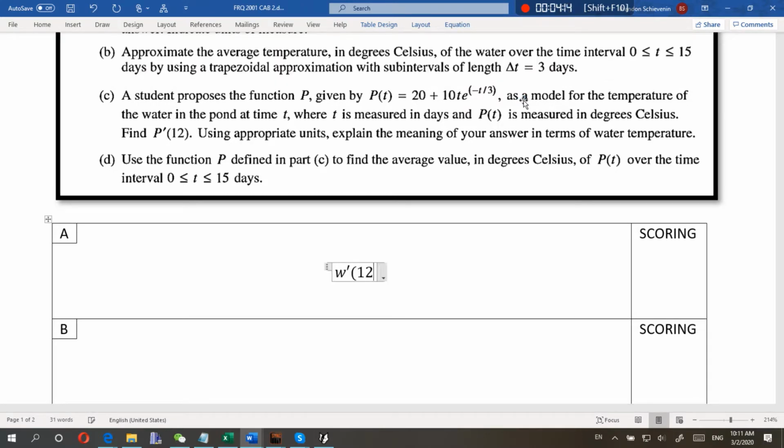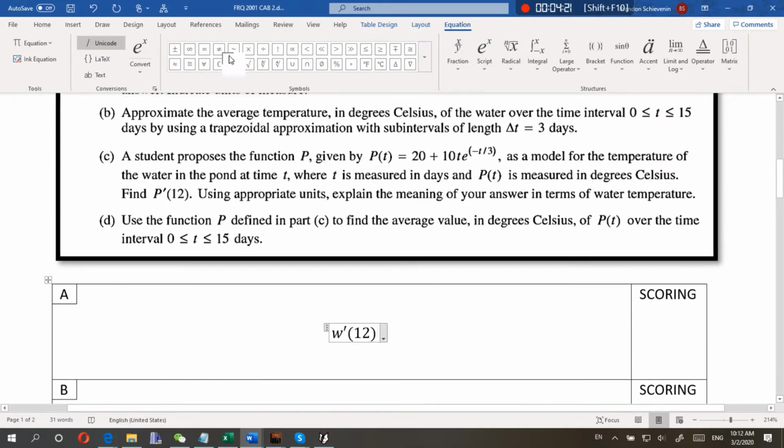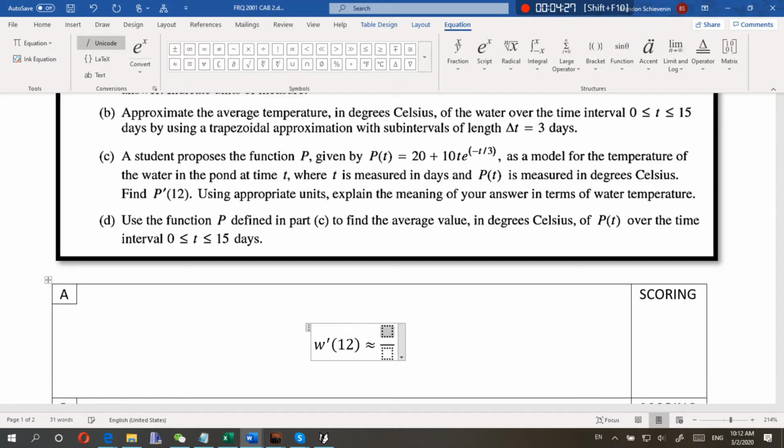W prime at 12 is roughly equal to W at 15 minus W at 9 over 15 minus 9.